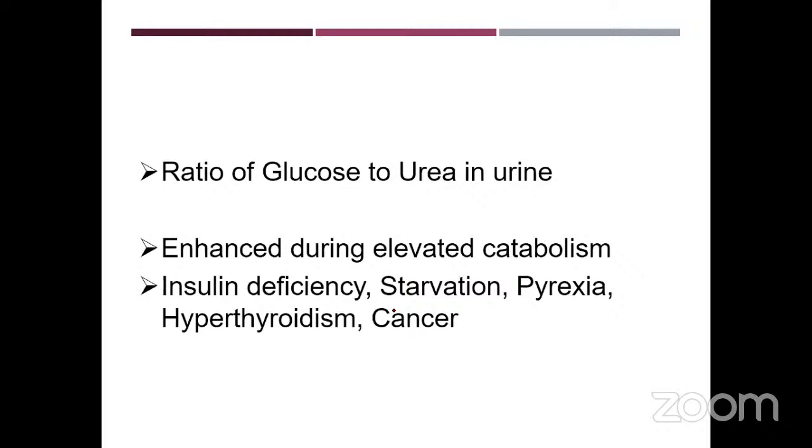Okay. And the urea to nitrogen ratio: urea has two nitrogen groups, right? So that ratio is called the GN ratio, glucose nitrogen ratio. In animals, the ratio is about 3.65, which means the glucose level is high compared to urea.